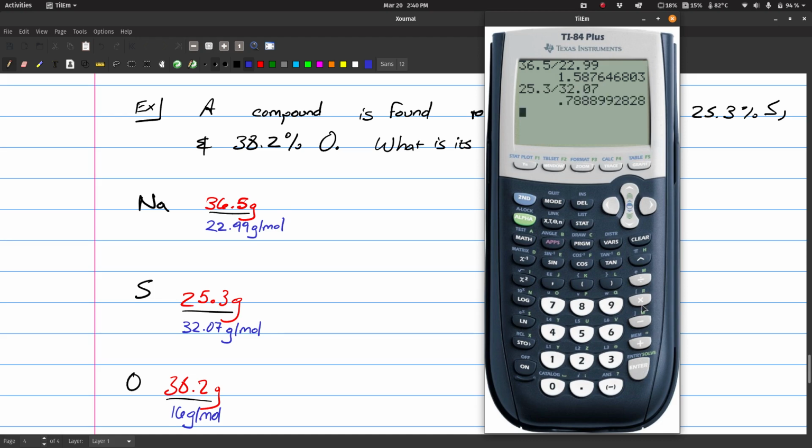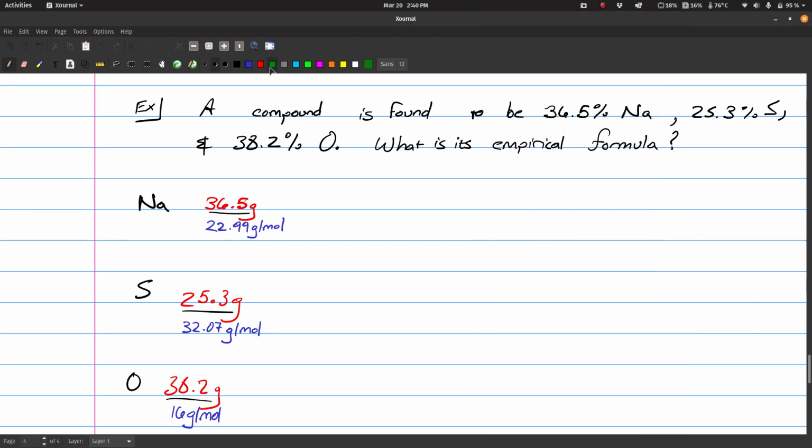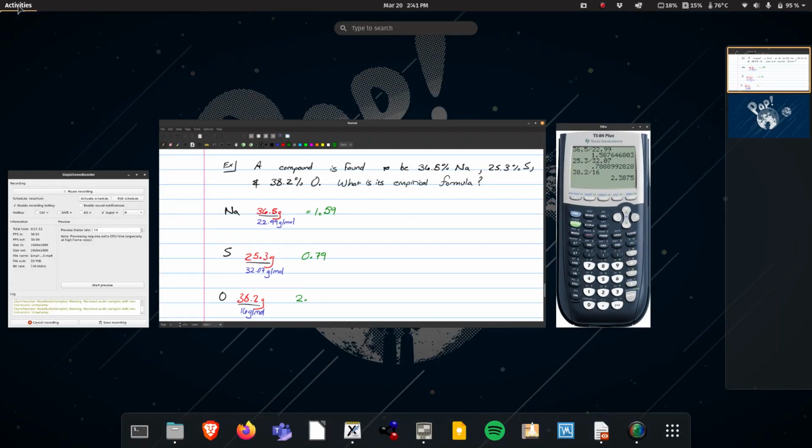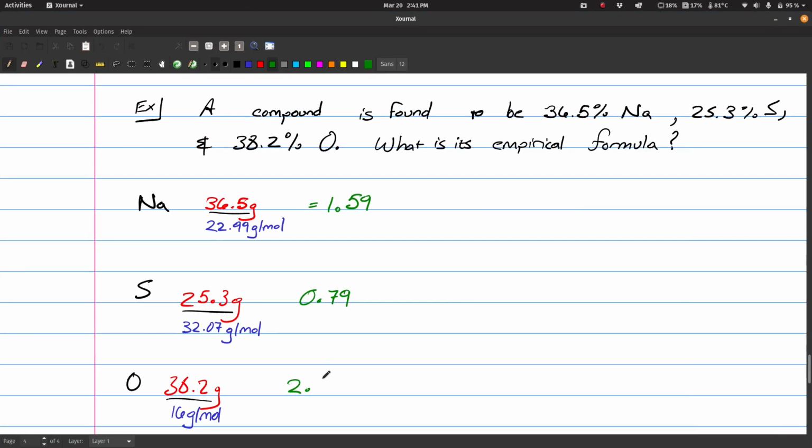So this is telling us how many moles we have. It can be like 0.79, 0.8, something like that. 38.2 divided by 16. I'm going to just do one decimal place to make this easier. So this is about 2.4 moles. So 1.59, 0.79, and 2.39.